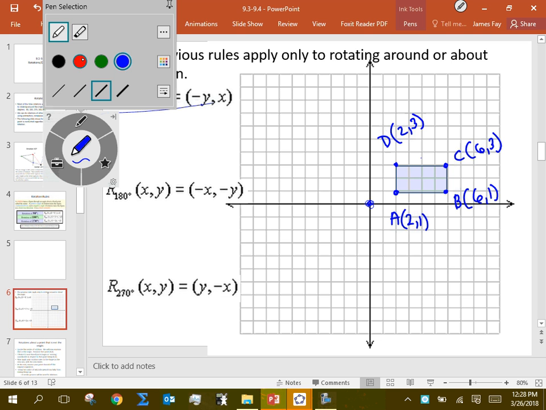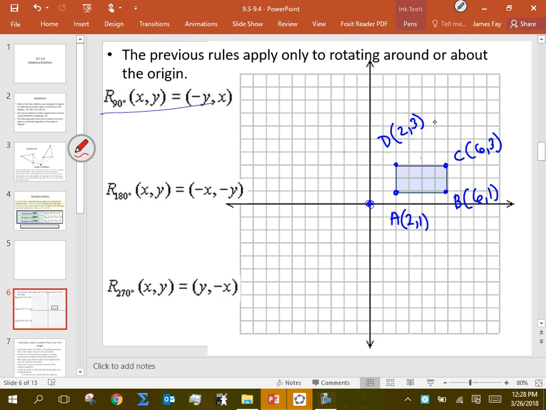Now, if I want to rotate 90 degrees counterclockwise, I'm going to apply this rule to every one of those ordered pairs. So A is going to turn into what? Negative 1, 2. So negative 1, 2 should go there, and now I have A prime. B should go to negative 1, 6.